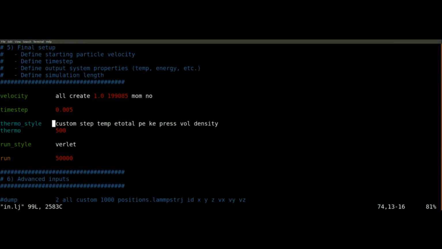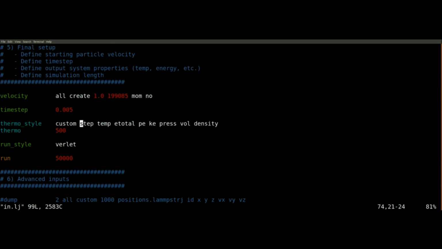I set a thermo style, and thermo style essentially is a flag for LAMMPS: please output the following. I want a custom selection of information. LAMMPS has some preset thermo styles, but in this case, I want what I choose rather than what LAMMPS has prepared.